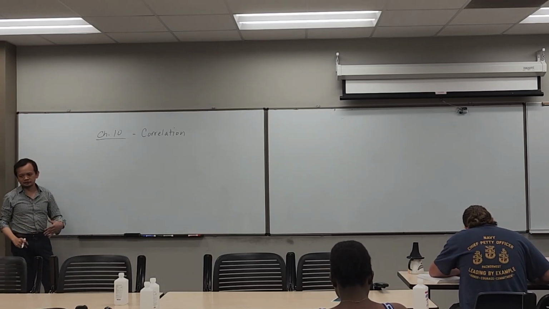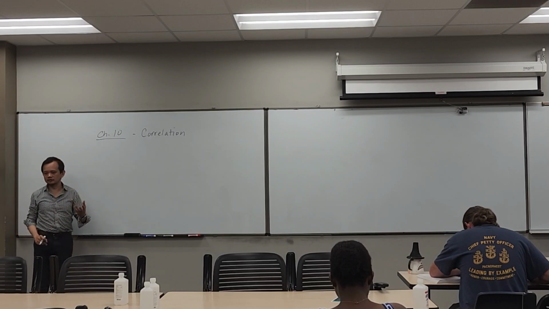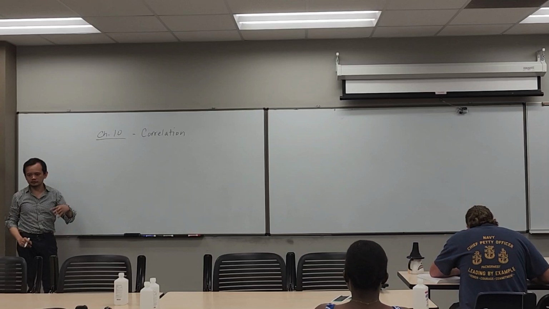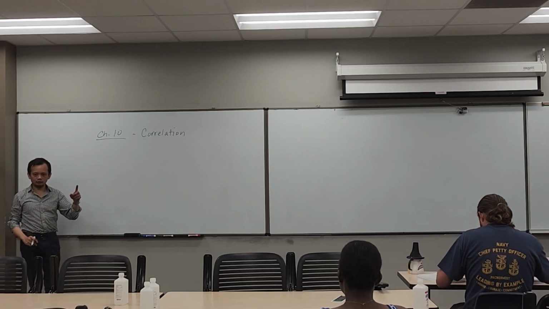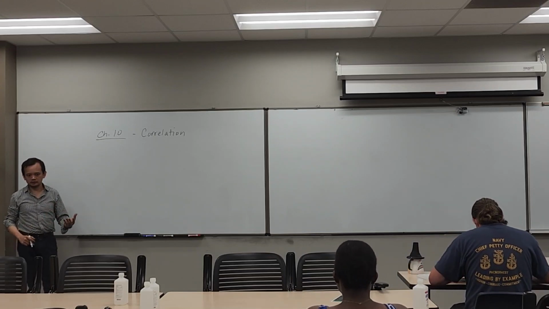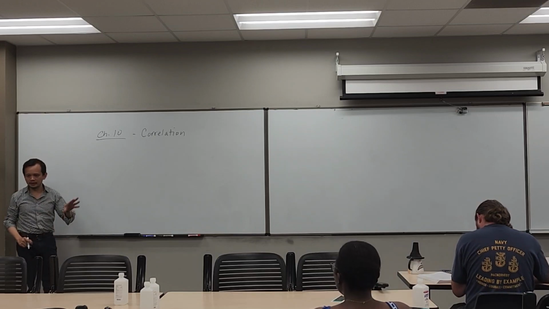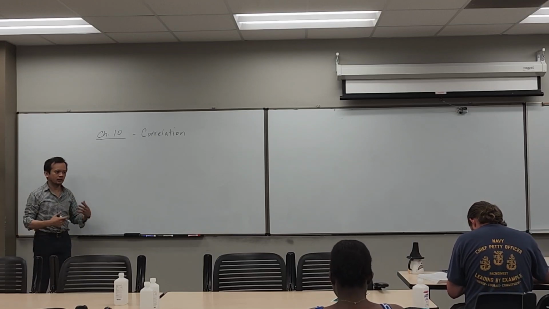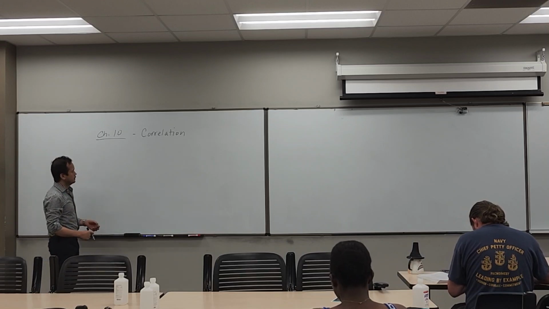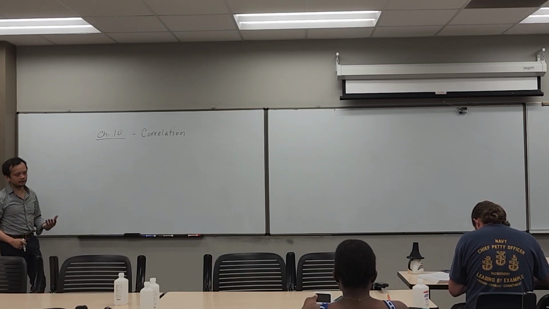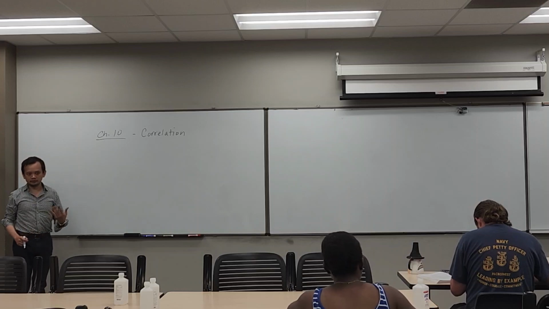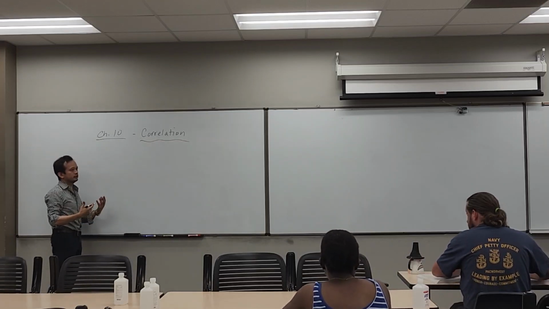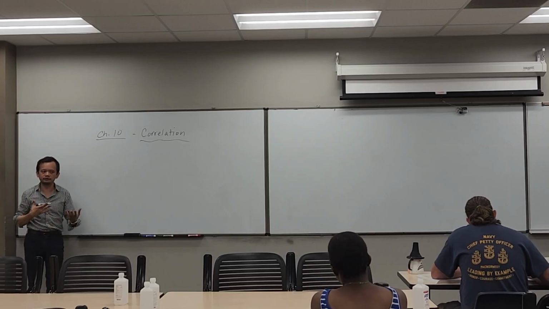Throughout the semester so far, you've seen statistics of one variable, meaning those numbers represented values of one single variable, like heights of men or IQ scores. All those values were values of a single variable. So today we'll start talking about statistics in two variables. We're interested in knowing if there's a relationship between two variables.